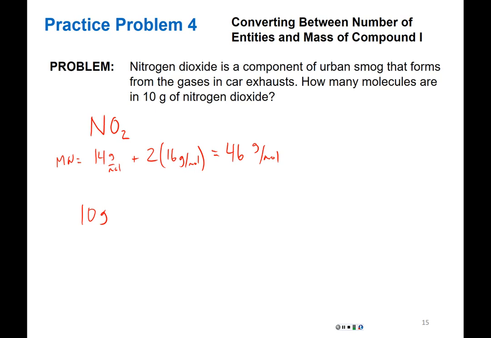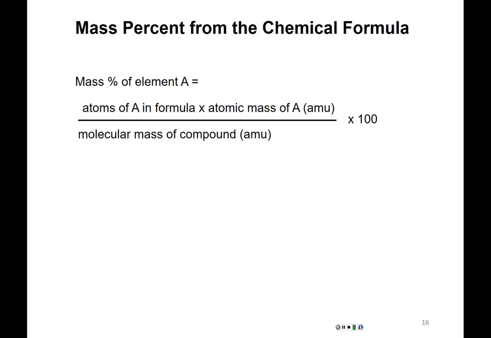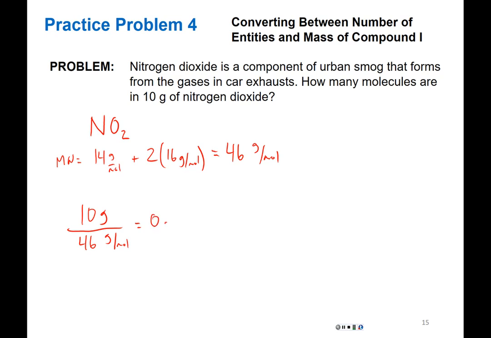We divide it by our molecular weight, 46 grams per mole. And that will give us our number of moles. 0.217 moles of NO2. And then we multiply that number by Avogadro's number, 6.022 times 10 to the 23rd, and we get 1.3 times 10 to the 23rd molecules. Okay.